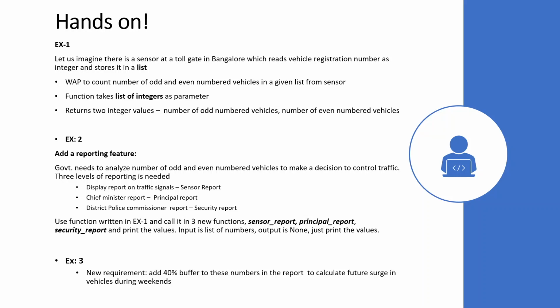The input is a list of integers, and it returns two integer values: the number of odd numbered vehicles and the number of even numbered vehicles. In Python, a function can return multiple values at a time, and they will be put in the form of tuples that we learned yesterday.